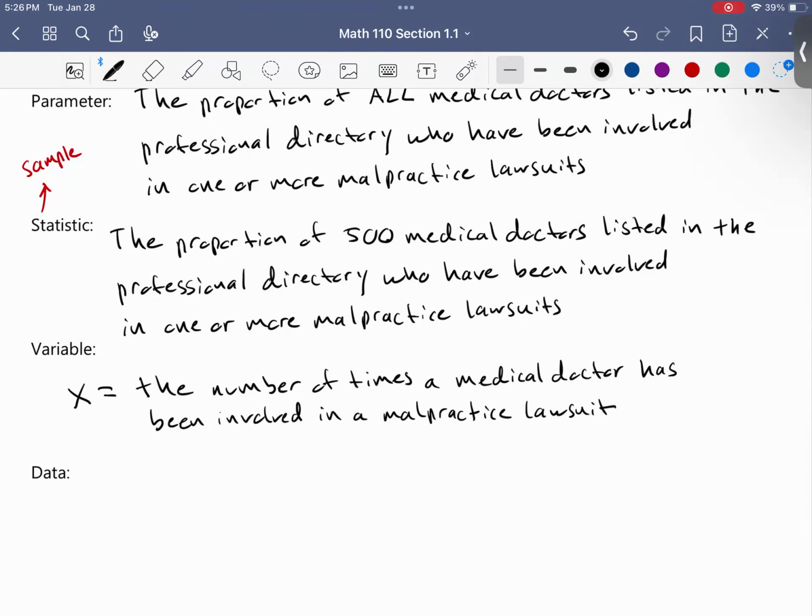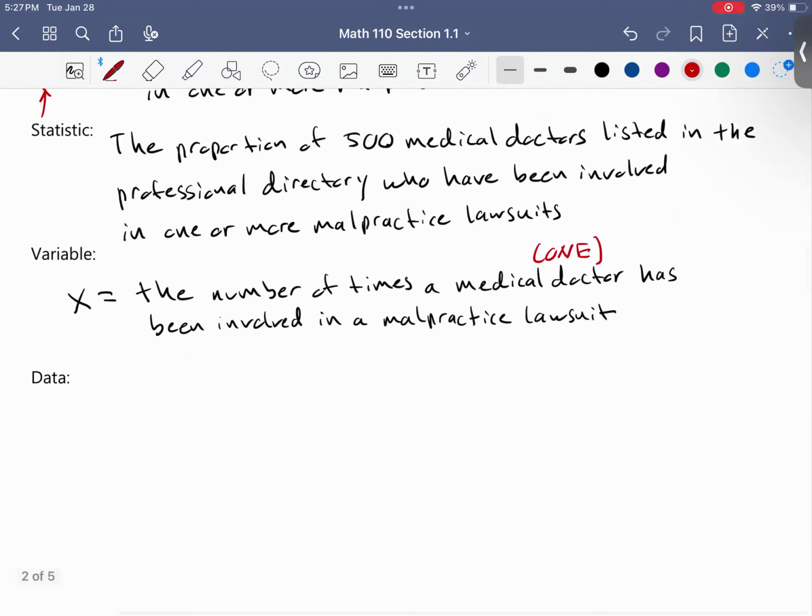So it's the number of times a medical doctor. It's that keyword also, I guess in terms of this question, it wasn't natural to say one doctor, but it's really just variables talking about one doctor, like how many times they have been involved in a malpractice lawsuit. So that's our variable, and our data we can just make up on our own.